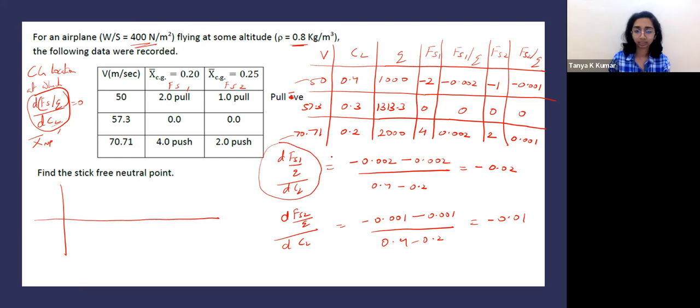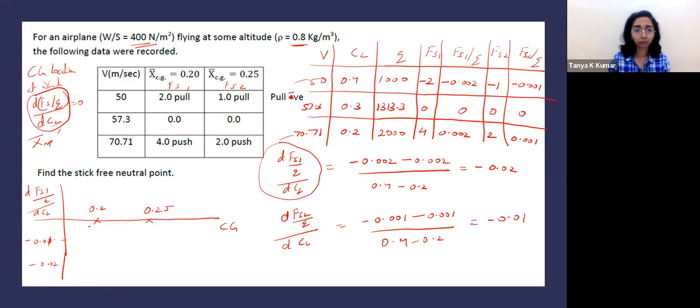Yes. Okay, so let me just tell you, this is dFS by Q by dCL. And on the x-axis, you have CG locations. Okay. So let's take, this is 0.2, this is 0.25, and our two slopes were minus 0.01 and 0.02.